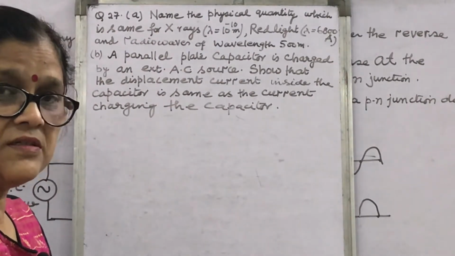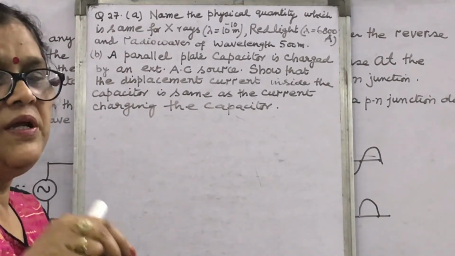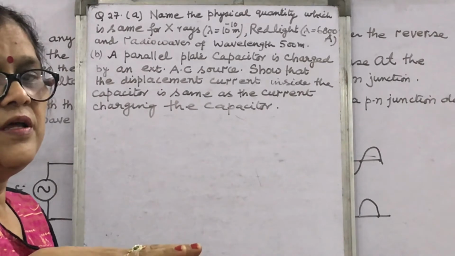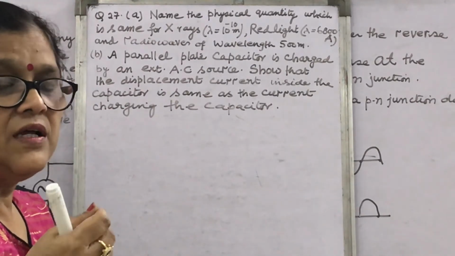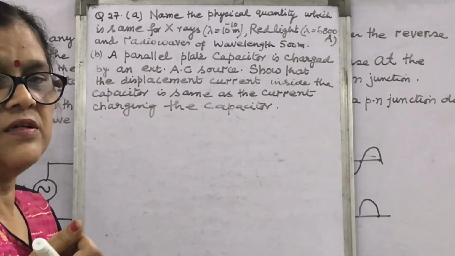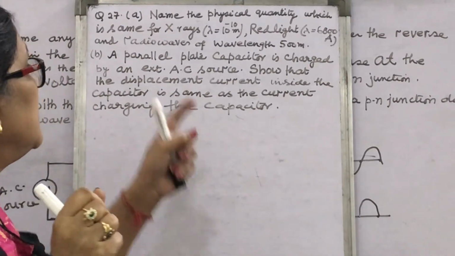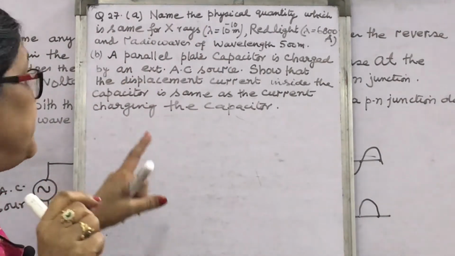Can you guess? Simple, it's their speed in vacuum. They all travel in air or vacuum with the same speed. And what is that? The speed of light, 3 into 10 to the power 8 meter per second. So A part's answer is their speed.